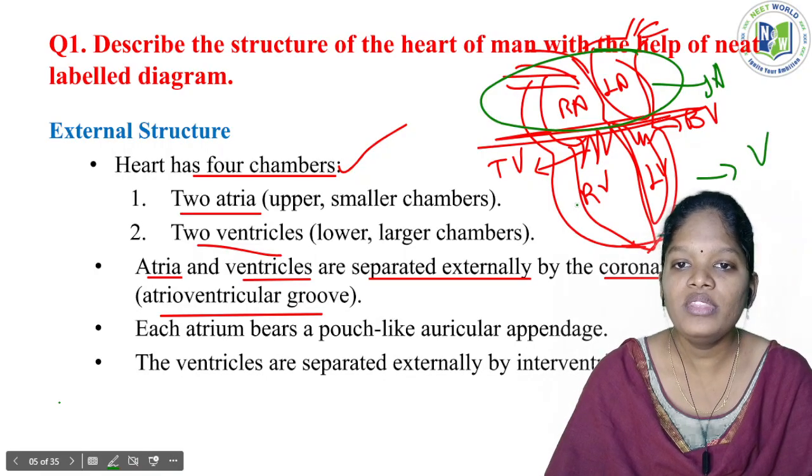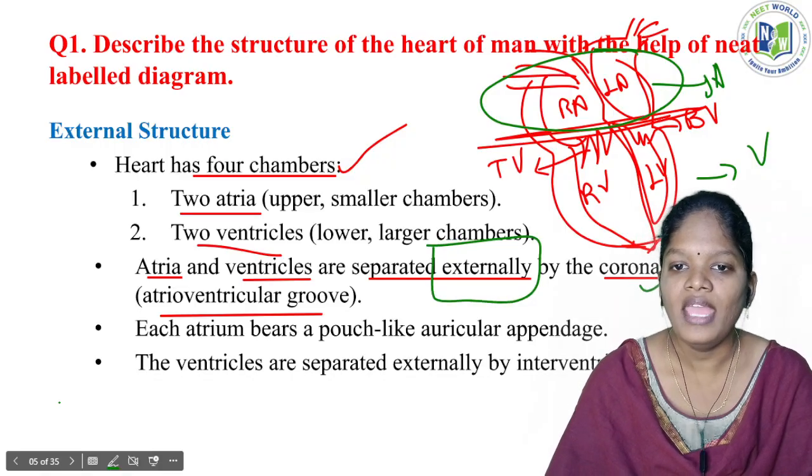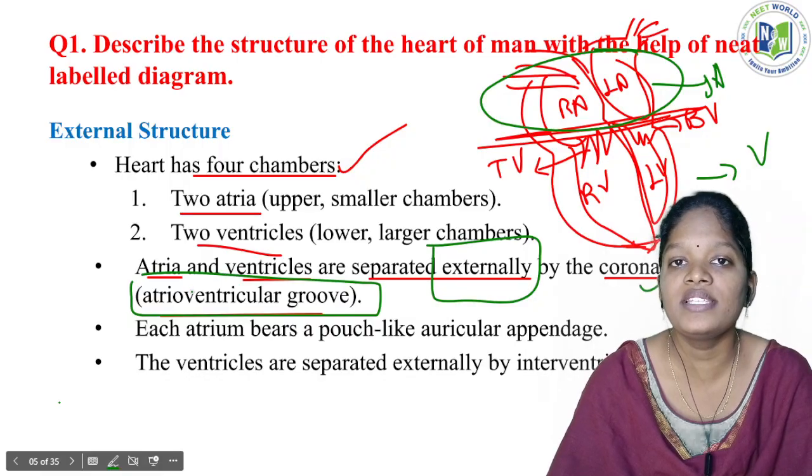Both these chambers are separated externally by the structure called the coronary sulcus, which we also call the atrioventricular groove.